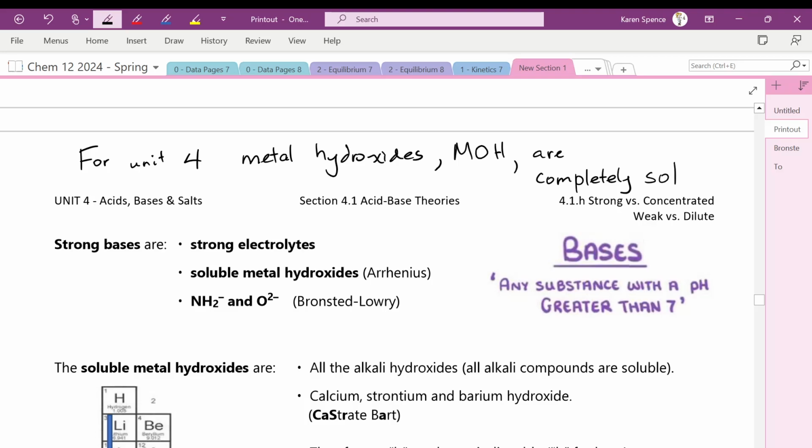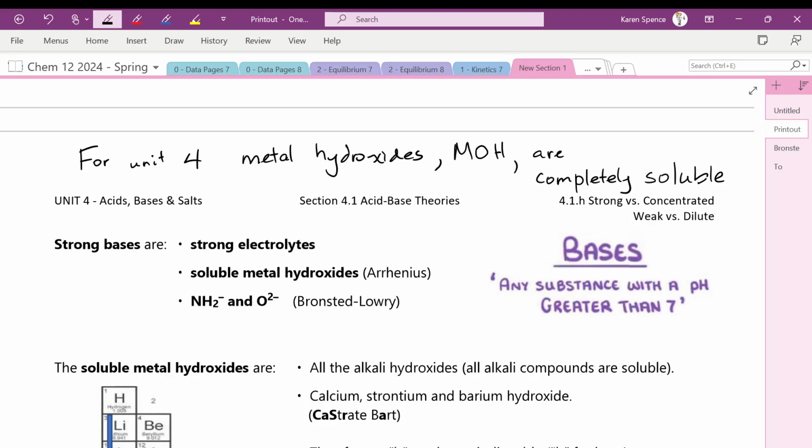Well, to be honest, calcium hydroxide has a medium solubility. So if I don't put too much of it into my solution, it will completely dissociate if I haven't saturated the solution. If I only put 0.01 moles into a liter, it will all dissociate.